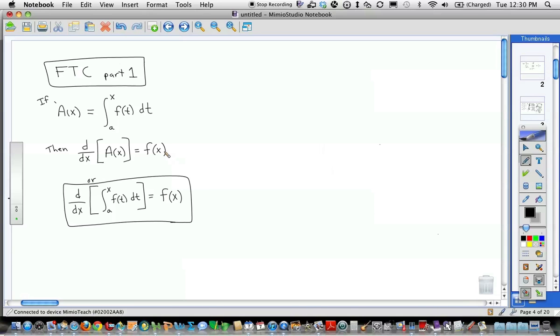The only type of problem you'll probably end up getting on the quiz next week that would involve this fundamental theorem would be something like this. It might give you a problem that looks like this.